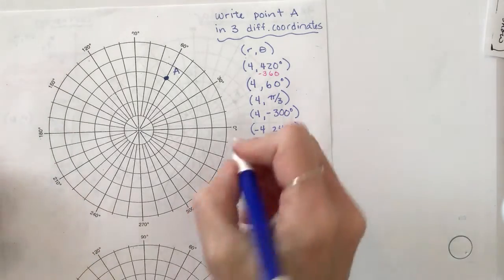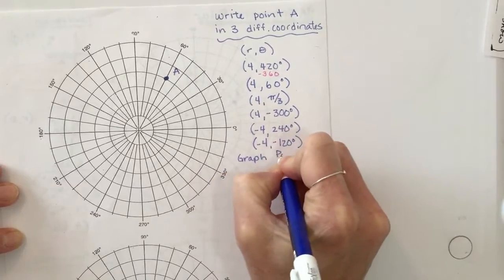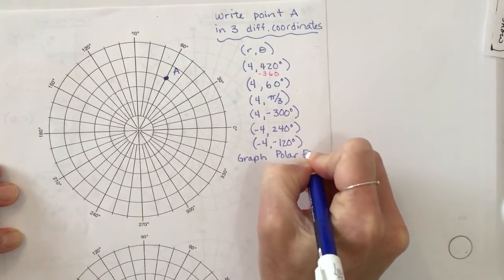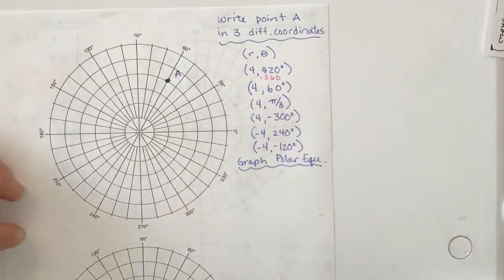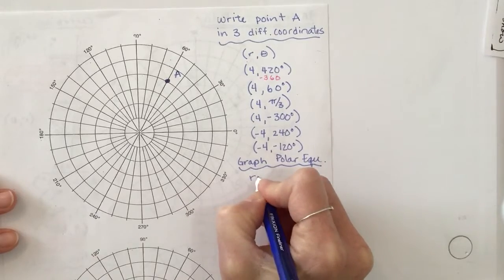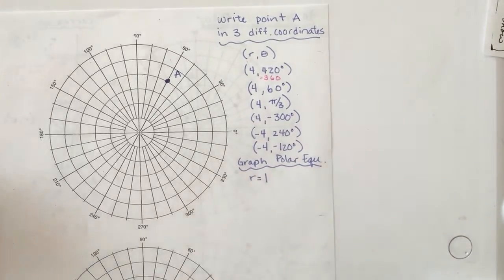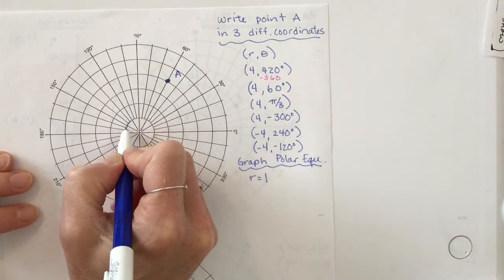So if you want to graph a polar equation, couple simple ones. Let's say you just have r is equal to 1. Well, if r is equal to 1, we're on this circle right here.